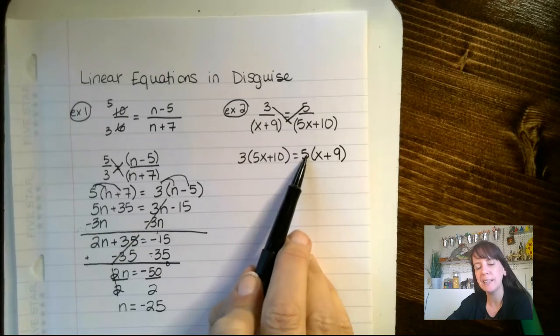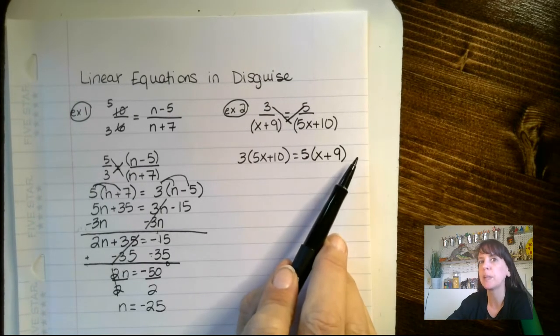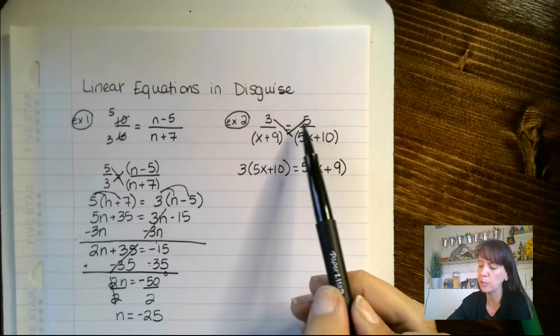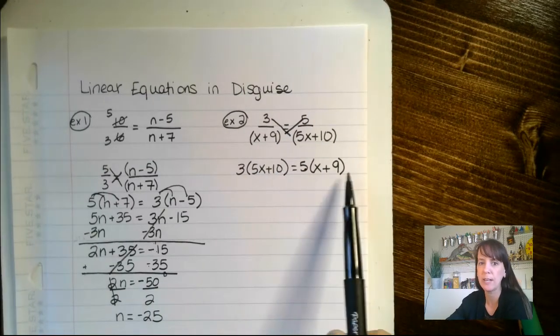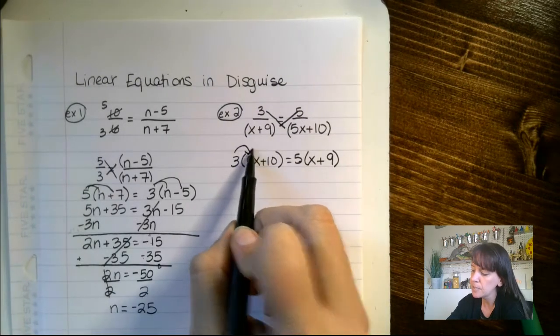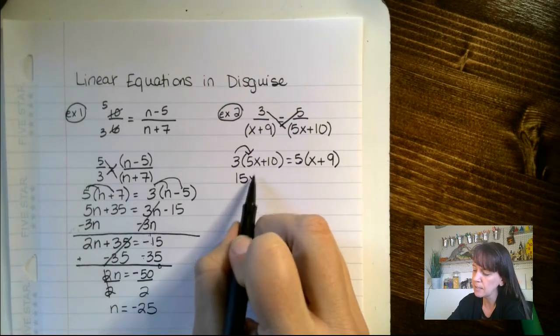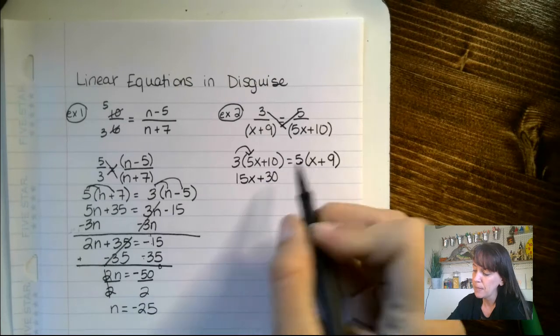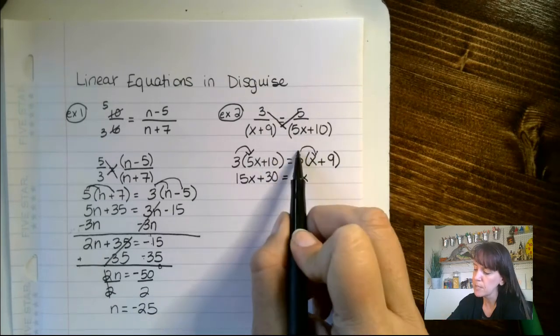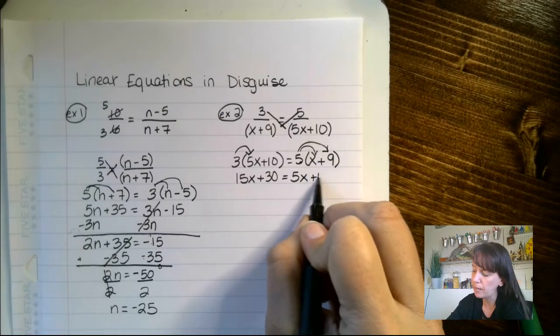You could do x plus 9 times 5, but if you do that, it looks kind of weird to do distribution. So I always put my loose numbers in front, and then I do anything that has a parenthesis around it. All right, so 3 times 5 gives me 15x here, plus 30 equals 5x, distributing here, plus 45.